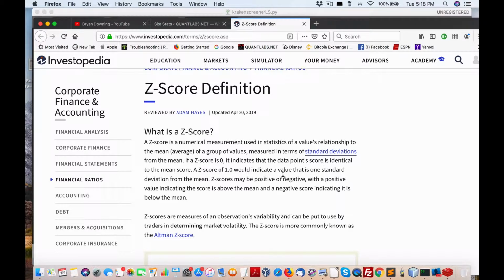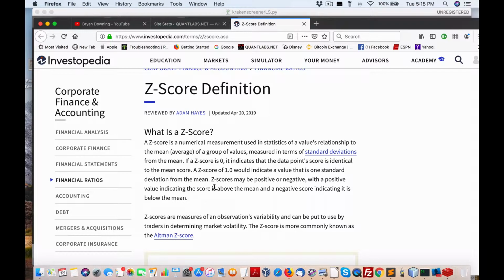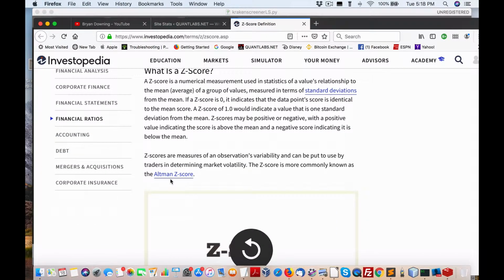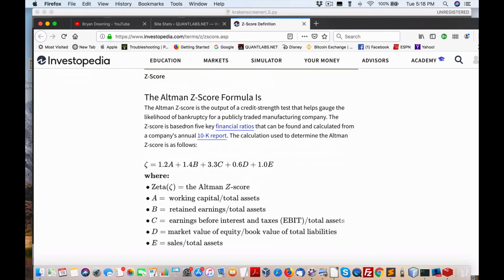A Z-score of 1 would indicate a value that is one standard deviation from the mean. The Z-score may be positive or negative, with a positive value indicating the score is above the mean and negative below the mean. Z-scores measure observations and can be put to use by traders to determine market volatility. Z-score is most commonly known as the Altman Z-score.